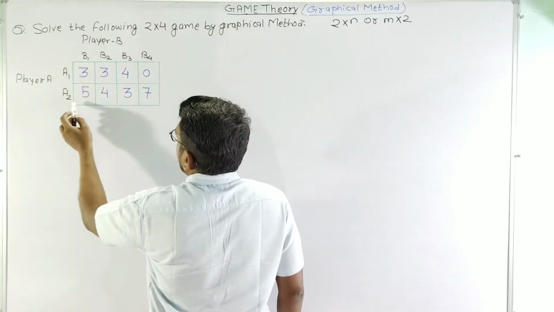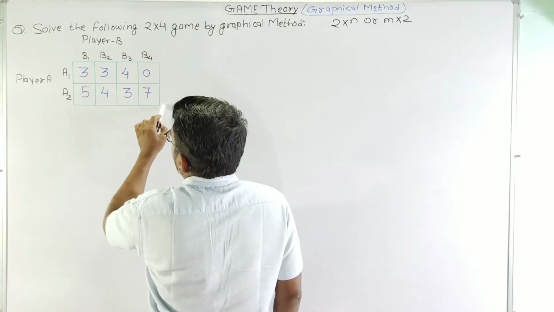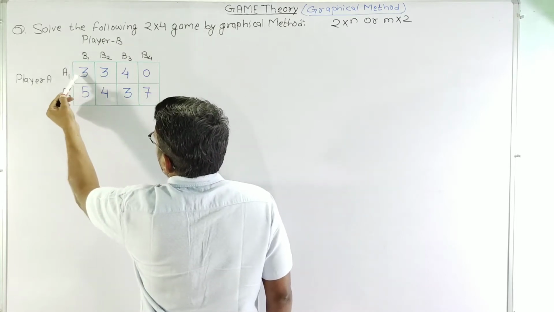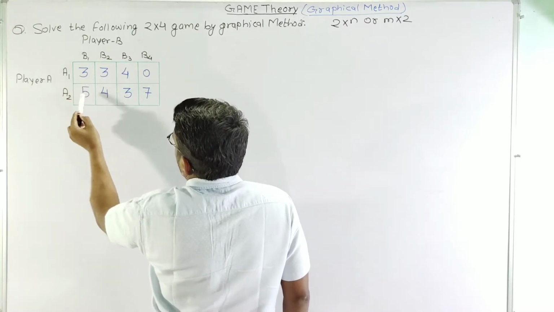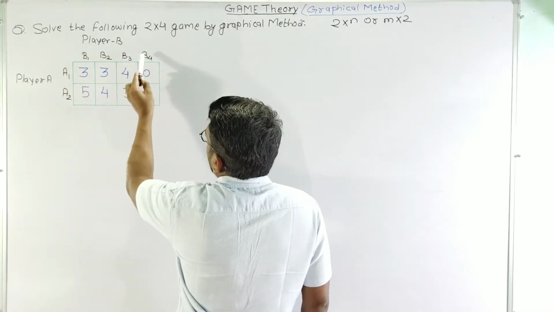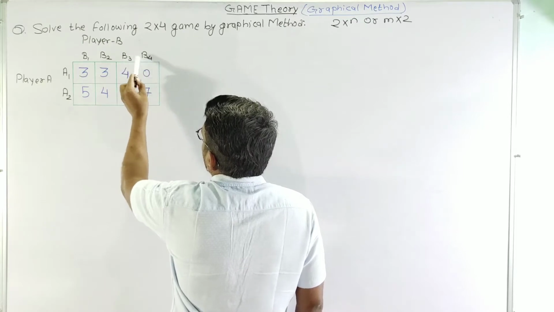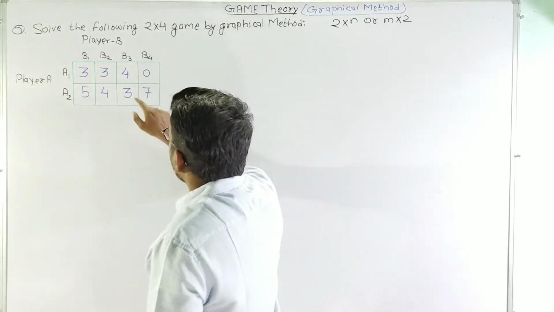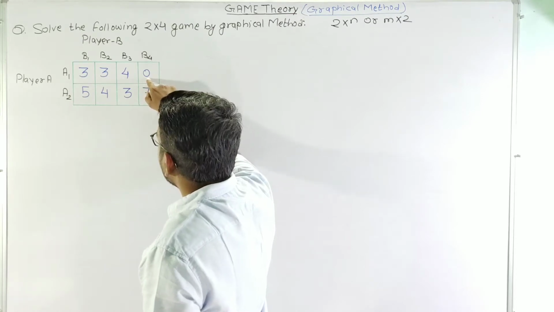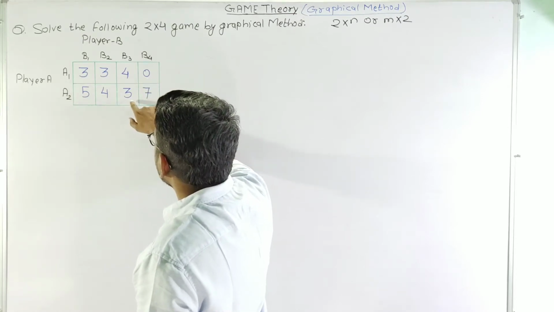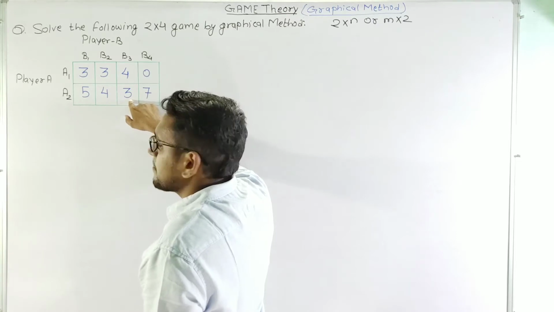It is easy to understand that if we compare column B1, which has the values 3 and 5, with the average of columns B3 and B4, the average will be 4 plus 0, 4 by 2, that means 2. For the second row, 7 plus 3 is 10, 10 by 2 is 5.